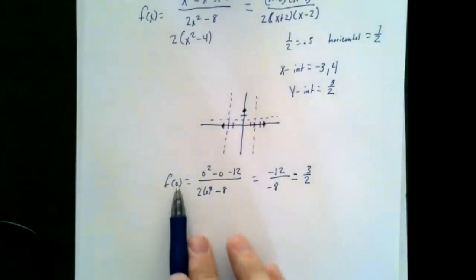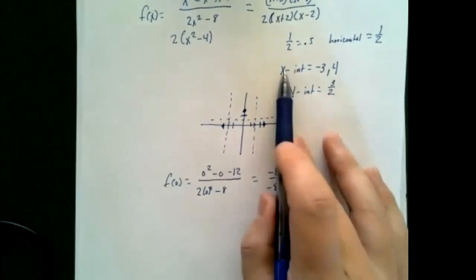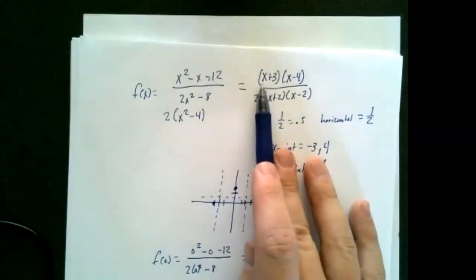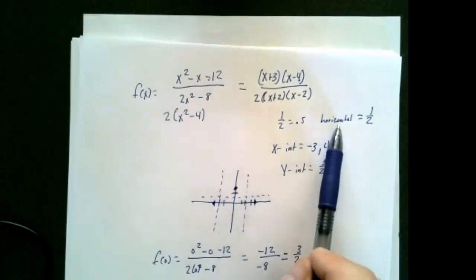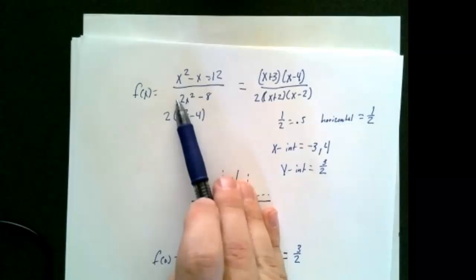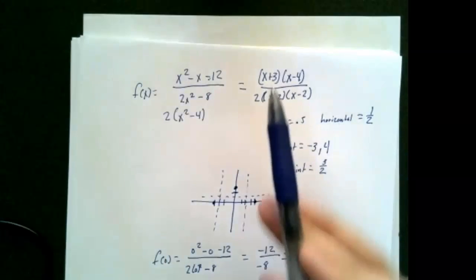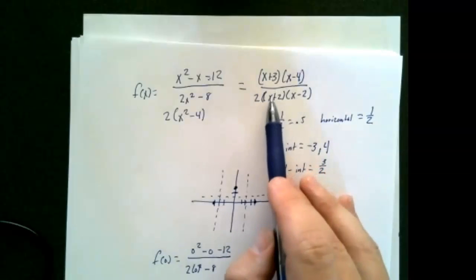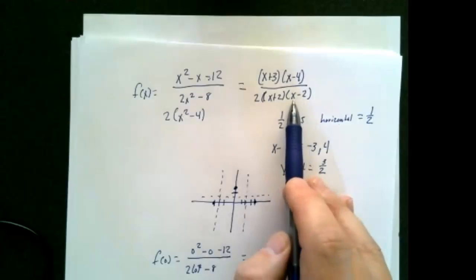Once again, you find your y-intercept by actually plugging in 0. My x-intercepts came from wherever my numerator is equal to 0. My horizontal asymptote came from checking the degrees and then pulling the coefficients, 1 divided by 2 is equal to 1/2. And then my vertical asymptotes occurred whenever my denominator was equal to 0, which is at -2 and 2.